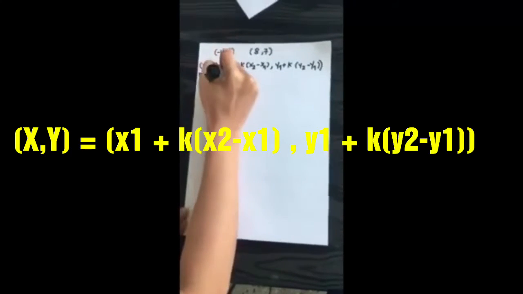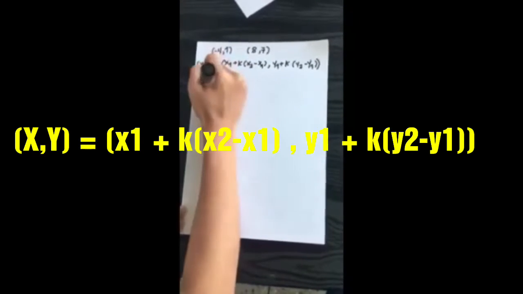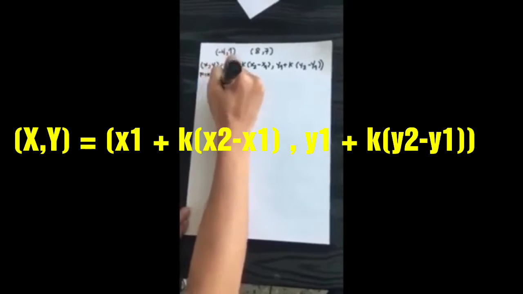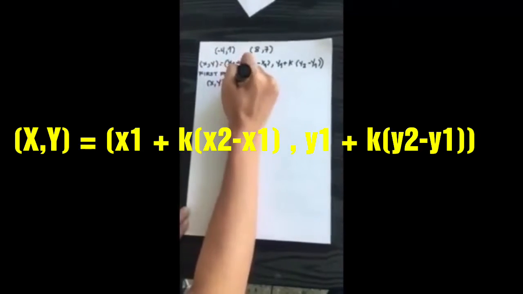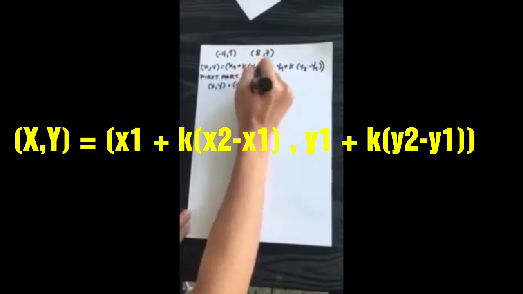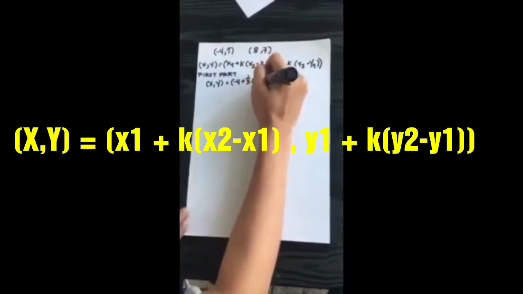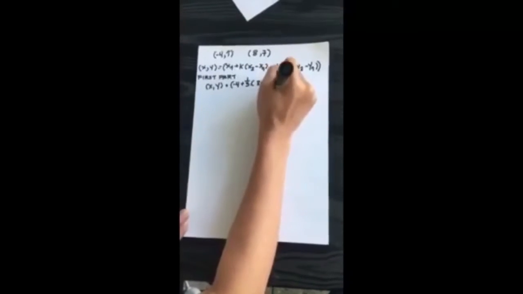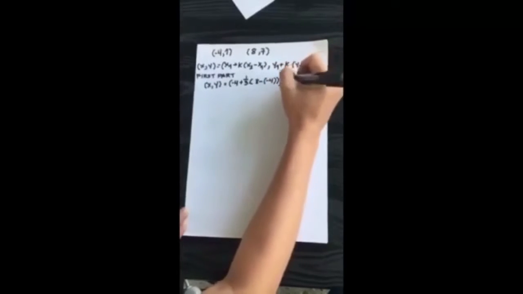We can also divide the segment into a number of parts using this formula. So we substitute the value of k to the fractional segment of the line that we want to find.